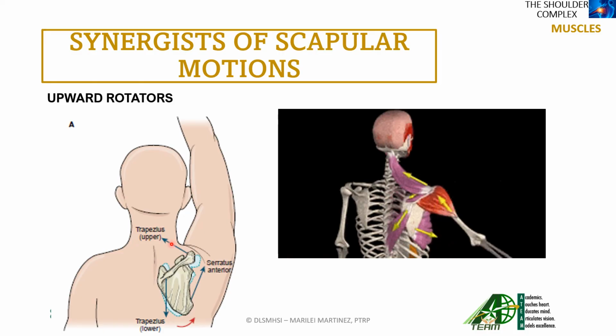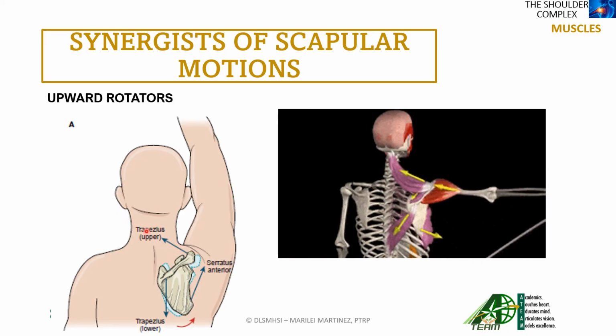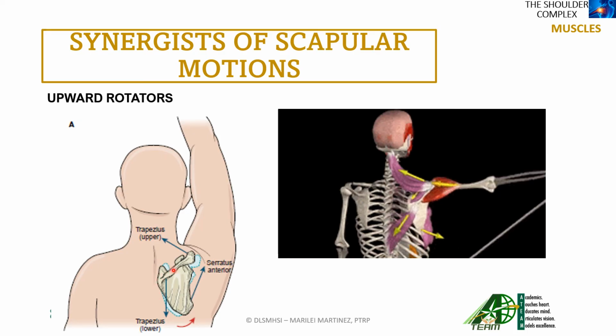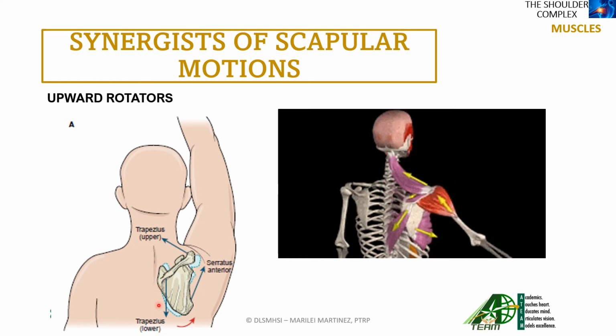So the pull of the upper trapezius on the scapula is directed in a superior and medial direction. And lastly, your lower trapezius pulls the spine of the scapula in a downward and medial direction.